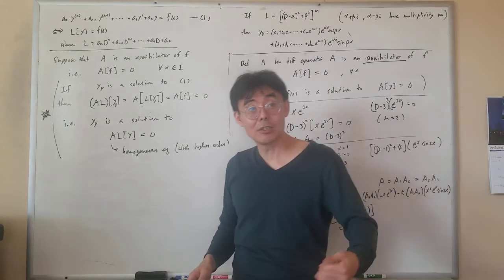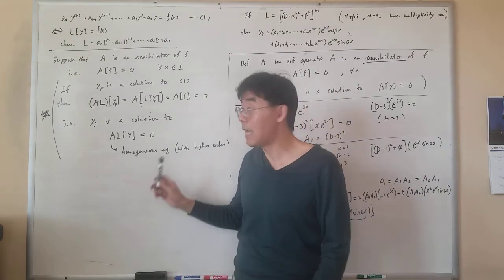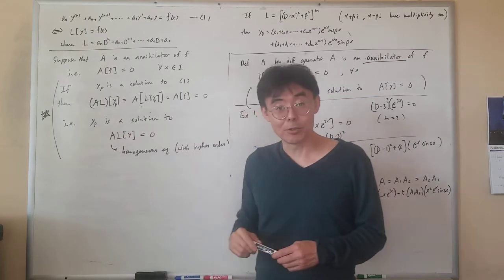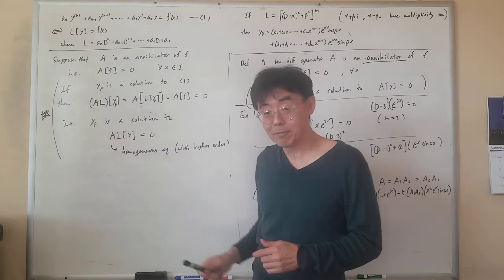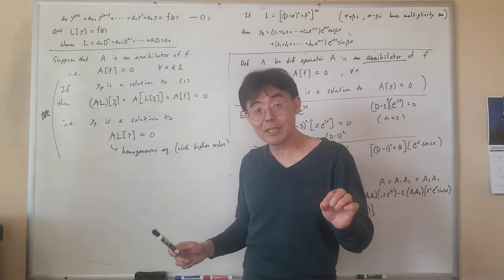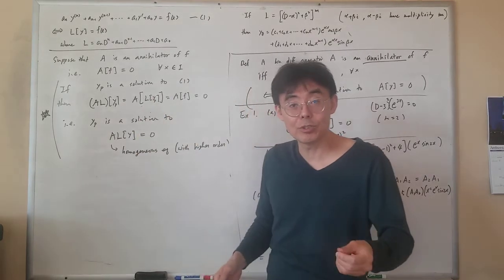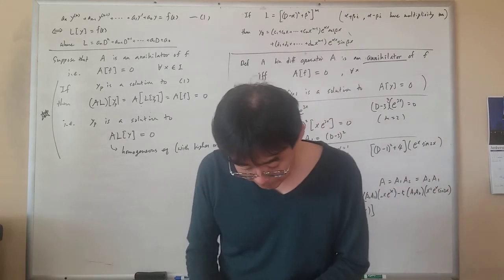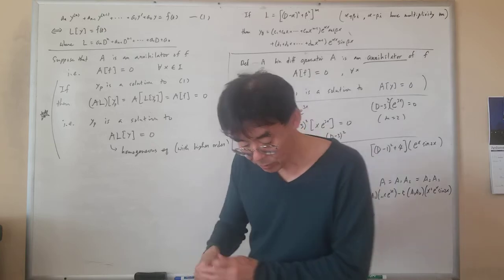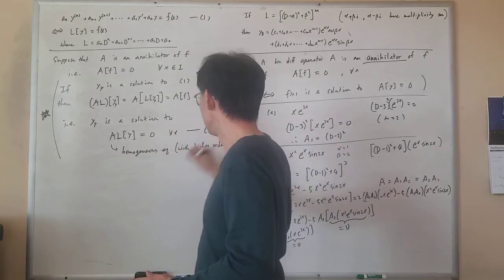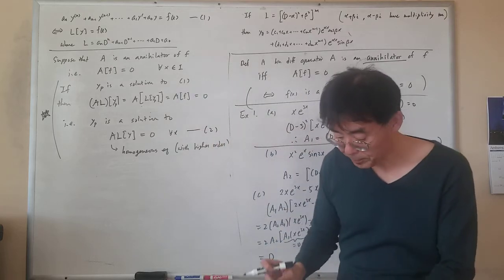So all the techniques we used in the previous section can be deployed to find a particular solution. This is the key. We want to use homogeneous equation techniques to find a particular solution for a non-homogeneous equation.